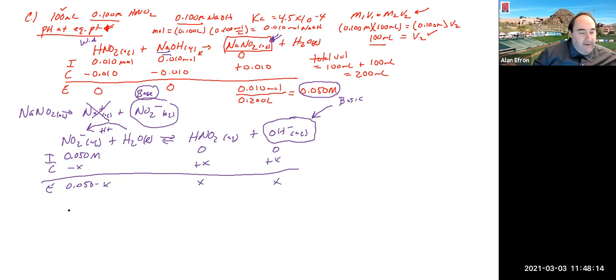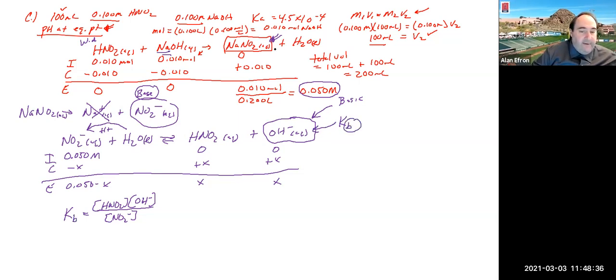This is going to go into our K expression, which is our products over our reactants. And the other important thing that we talked about is that this is OH minus, which means this is a Kb, not a Ka value.